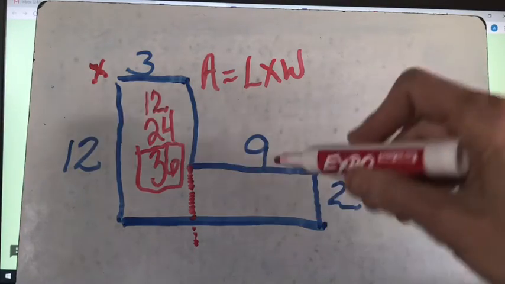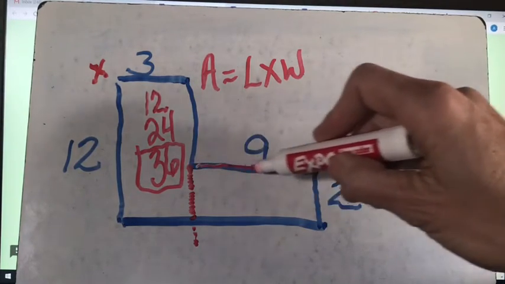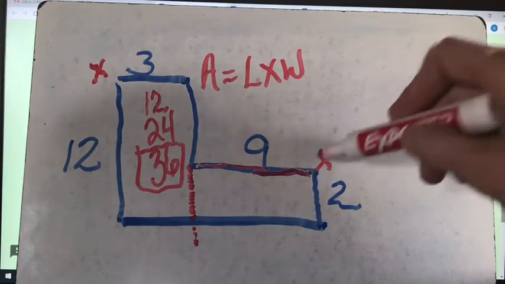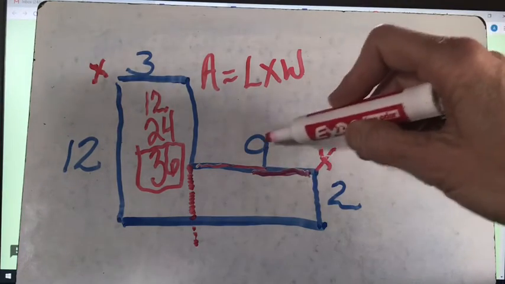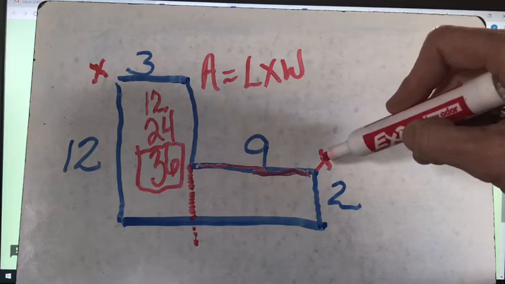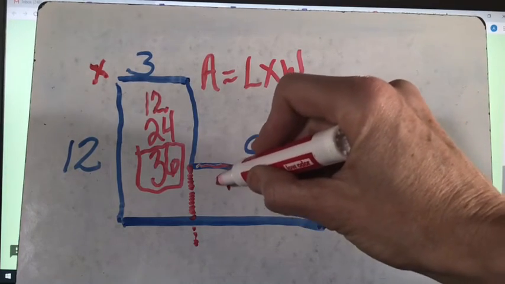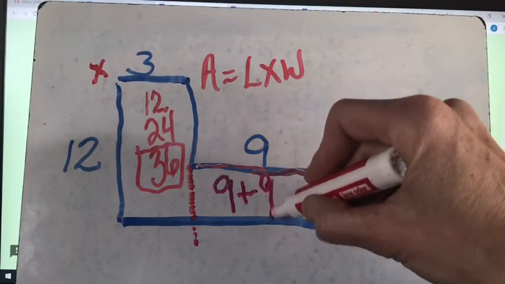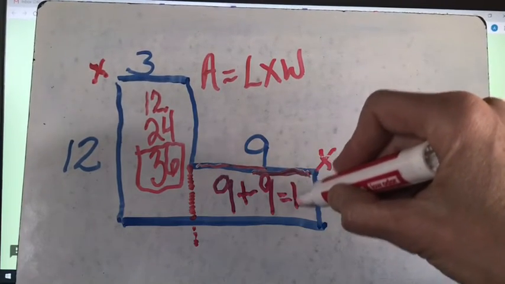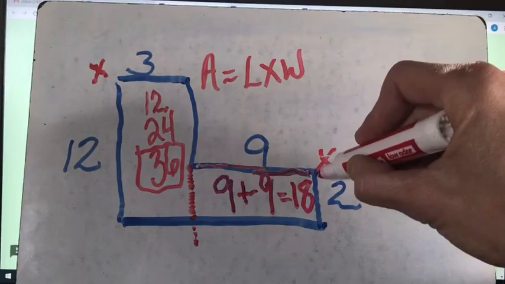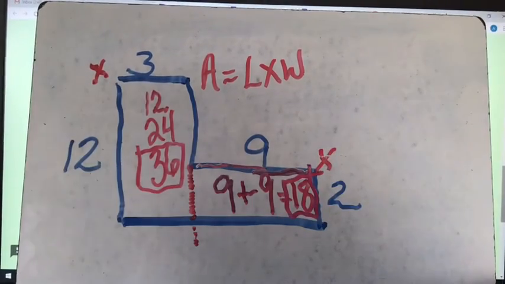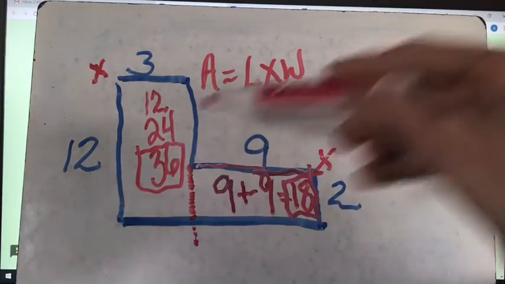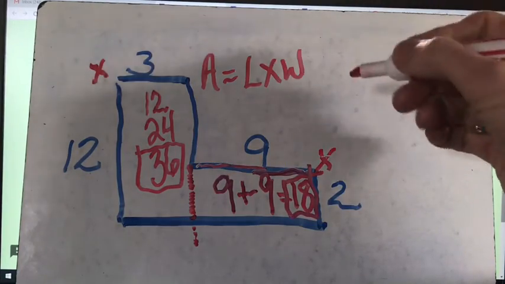This side, it's already telling me this right here is 9, so I can keep that. And I'm going to do 9 times 2, so my length is 9. So I do 9 plus 9, because I have 9 2 times, gives me 18. So now I have 2 separate rectangles, each with their own area. My first one is 36, my next one is 18.